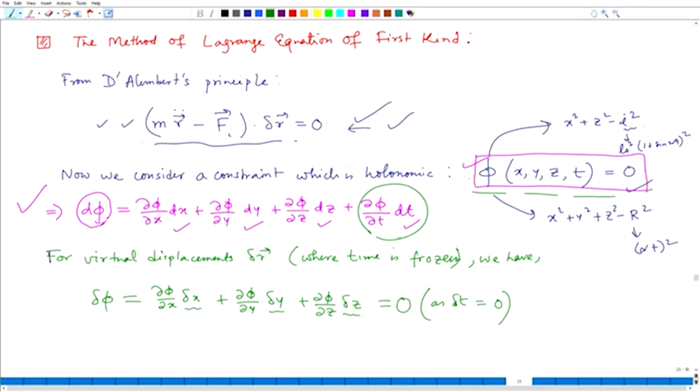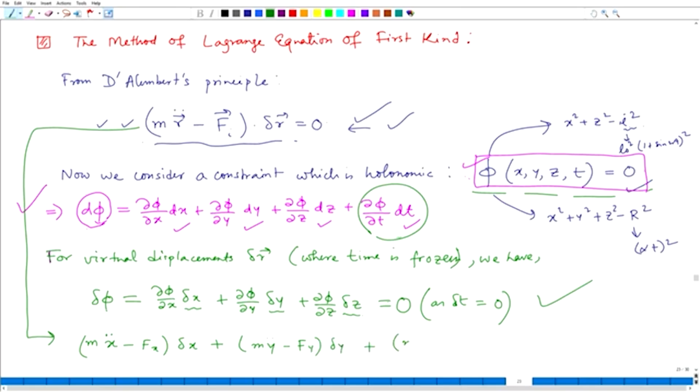Now you can also write this in Cartesian coordinate system. So here we have used Cartesian coordinate system. You can also write here (m x double dot minus fx) delta x plus (m y double dot minus fy) delta y plus (m z double dot minus fz) delta z, that is equal to 0.